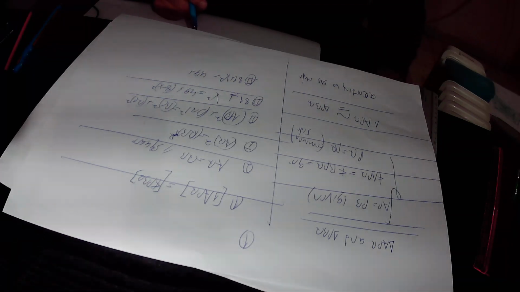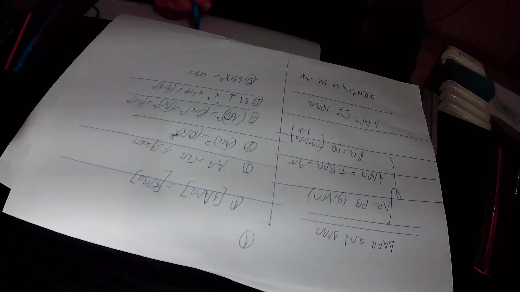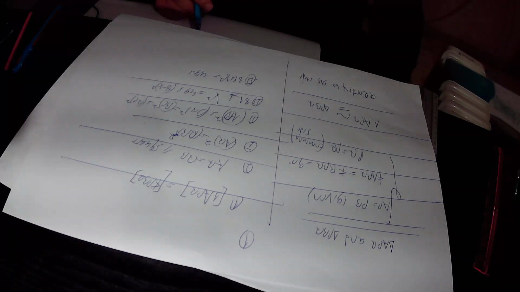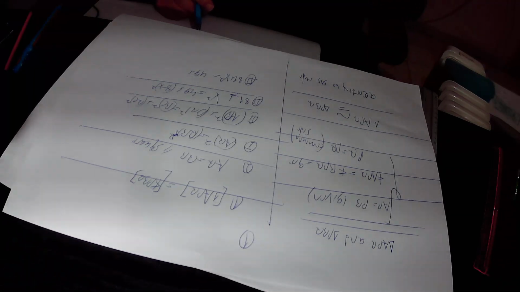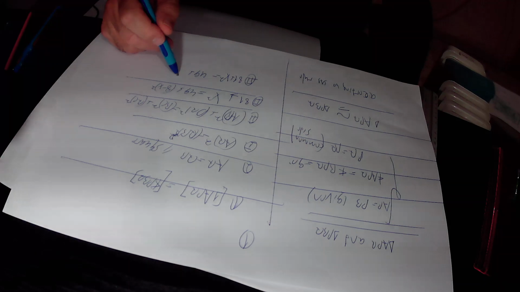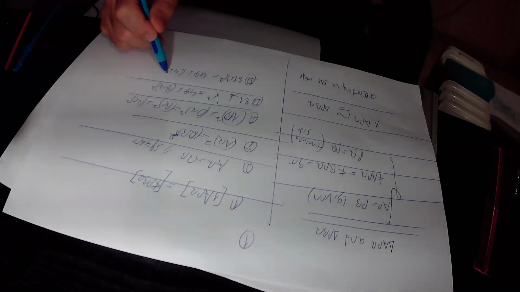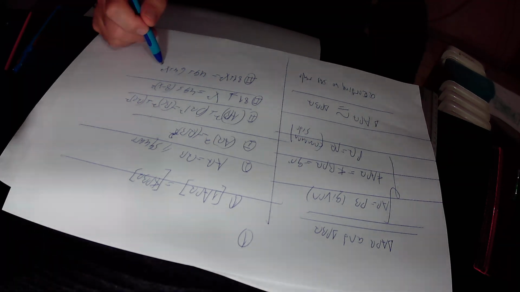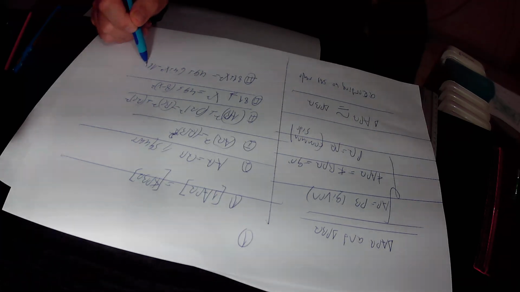(8 minus x) squared, according to the algebraic identity that says (a minus b) squared equals a squared plus b squared minus 2 times a times b. So according to the algebraic identity, (8 minus x) squared equals 8 squared, that is 64, plus x squared minus 2 times 8 times x, that is minus 16x.